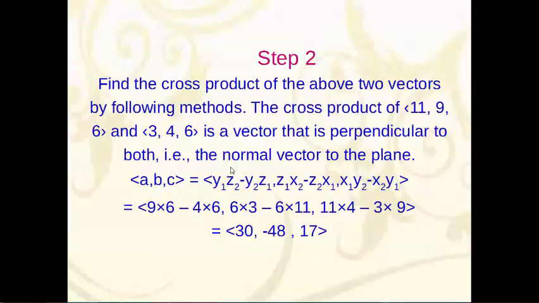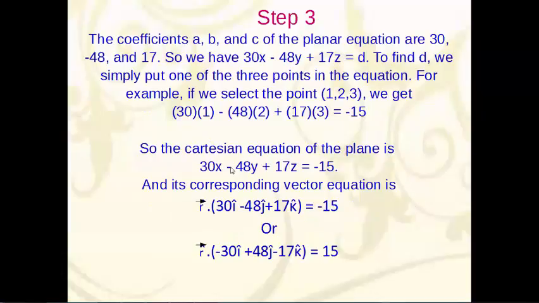The same vector is also the normal vector to the plane. Here the normal vector will be (a, b, c). Using this formula we get the vector (30, minus 48, 17). This is the direction ratio of the vector which is normal to the plane.